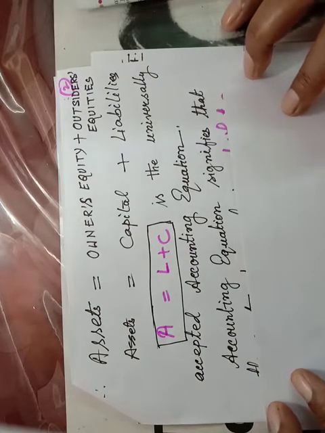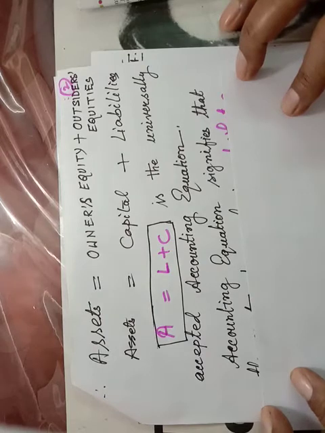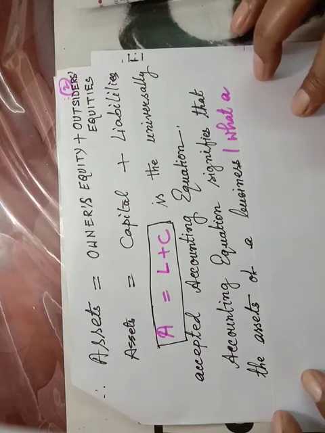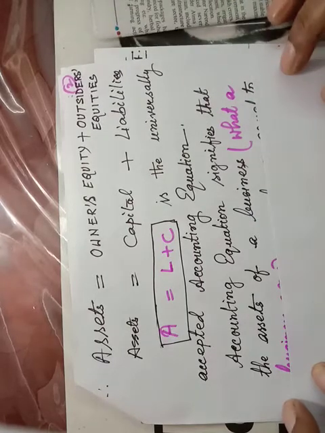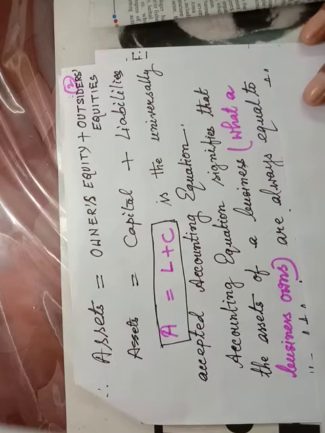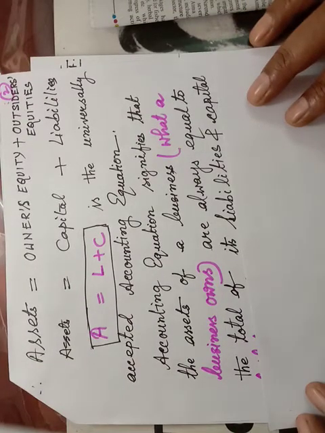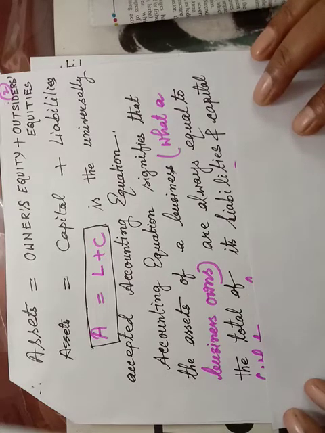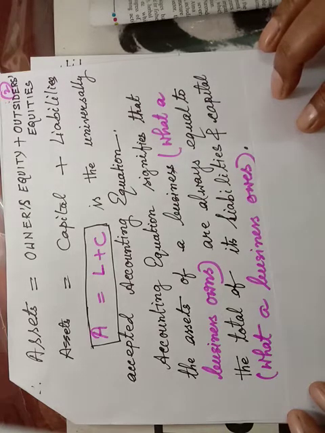Now, accounting equation signifies, that is the meaning of accounting equation: the assets of a business, that is what a business owns, are always equal to the total of its liabilities and capital, meaning what a business owes to the owner and owes to outsiders is equal to total assets.